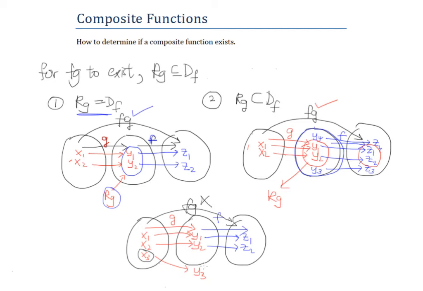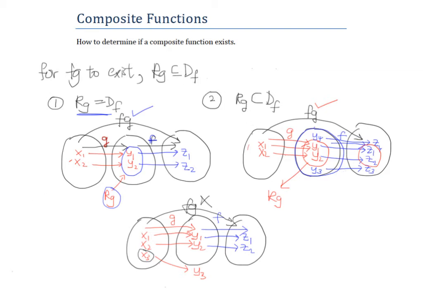So y3 will not be reflected here as z3, and therefore this original point x3 is already lost along the way. This is why, for fg to exist, the range of g must be equal to or a subset of the domain of f.